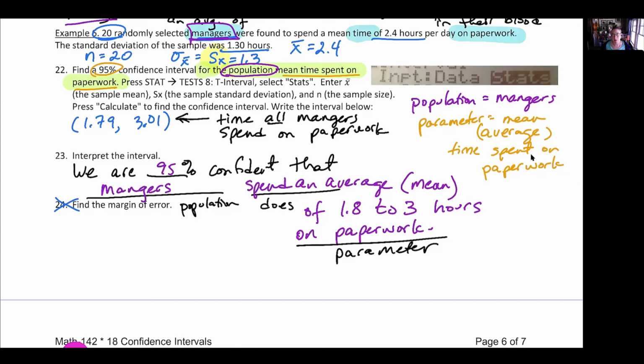Time on paperwork, that's the parameter that we're looking for. What is it that managers do that we're interested in? We're interested in how much time they spend on paperwork. Like I said, it's not an easy or intuitive topic per se, but it is something that you know and that you've been doing for a while.